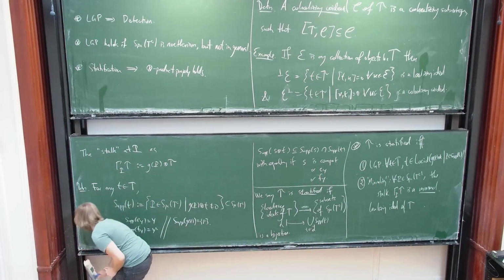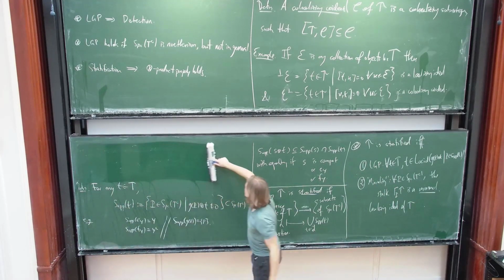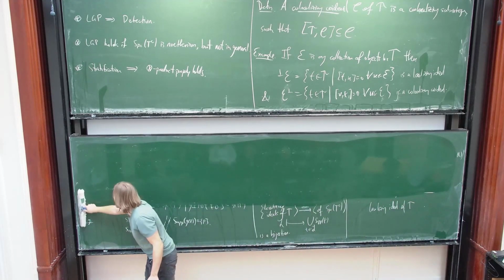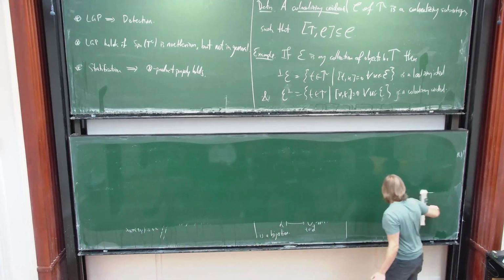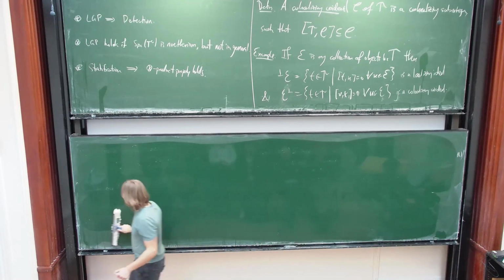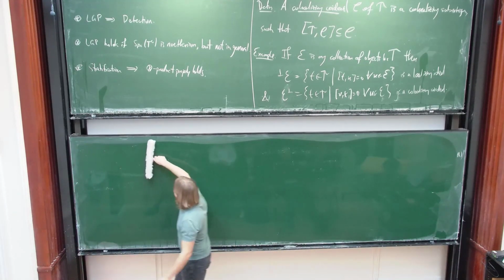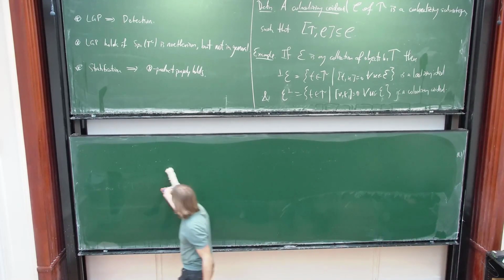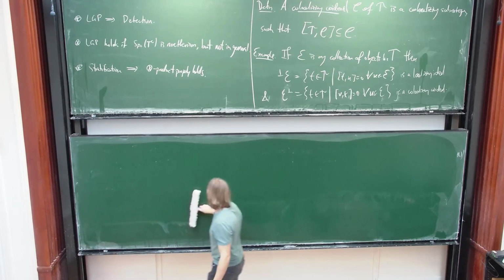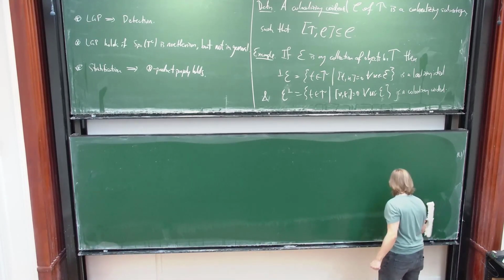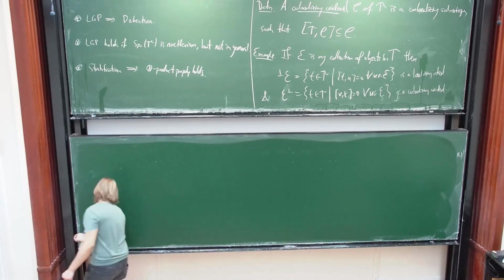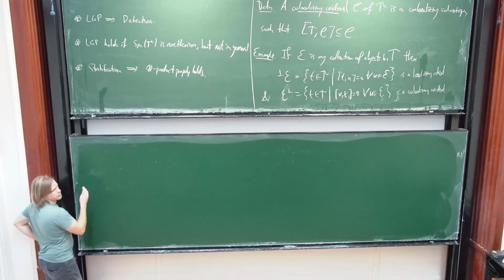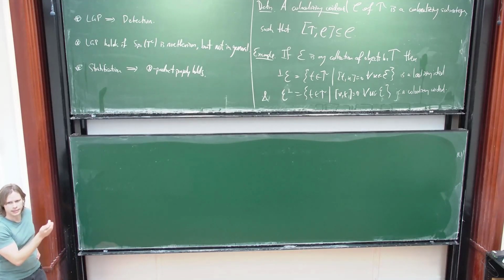And we can then define cosupport. So again, let's assume that our space is weakly Noetherian, same hypothesis as before.